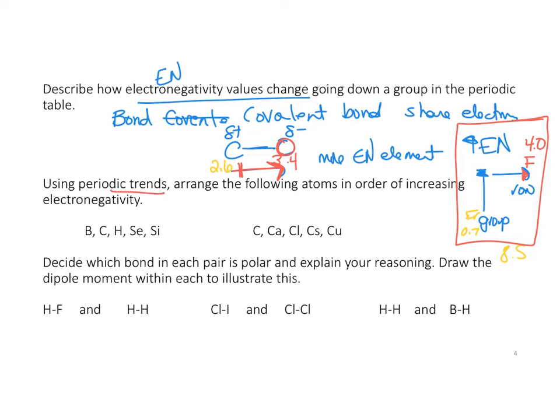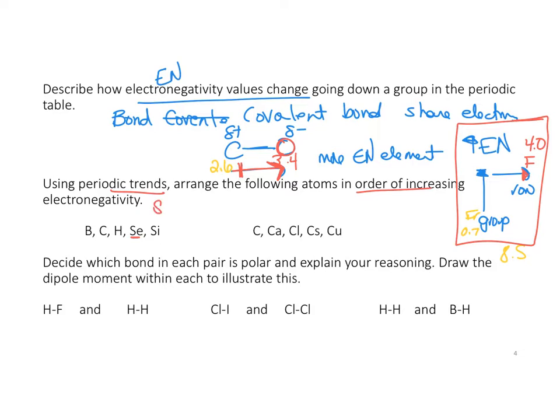So using periodic trends, arrange the following atoms in order of increasing electronegativity. Okay, well, you've got to get out your periodic table. And you see boron, carbon, hydrogen, selenium, and silicon. So the lowest is selenium.